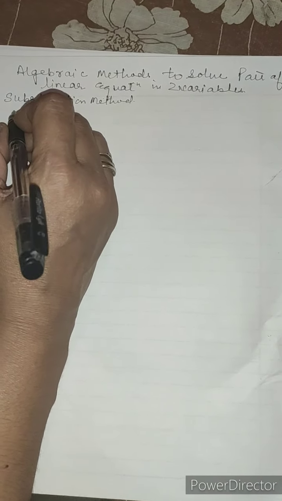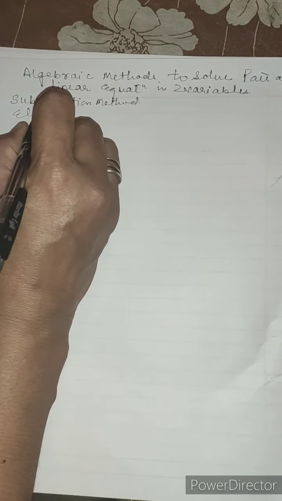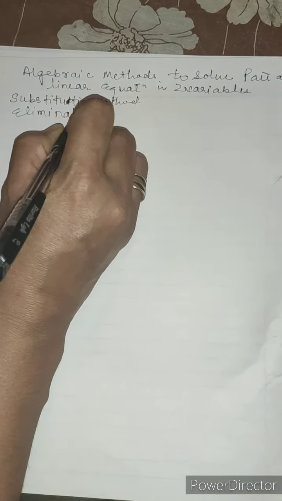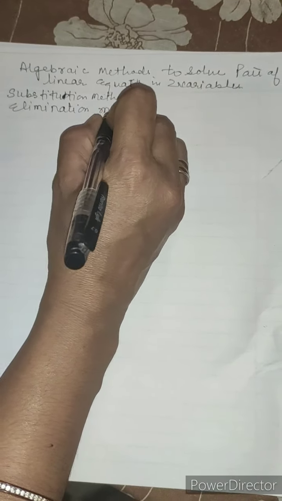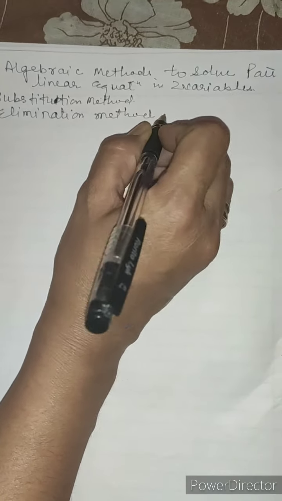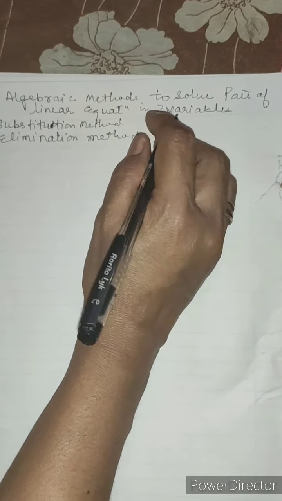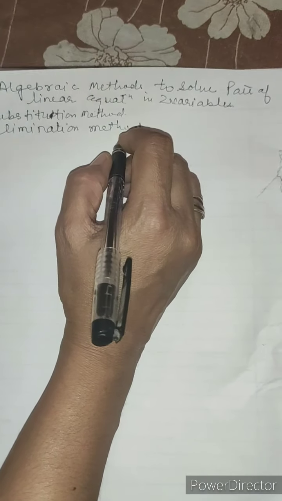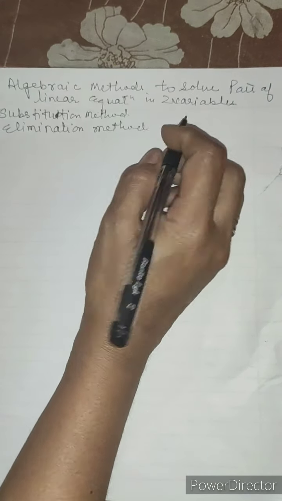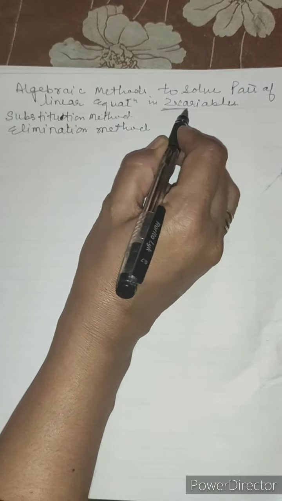And the second method is, children, elimination method. Children, in this method, we are having two variables.